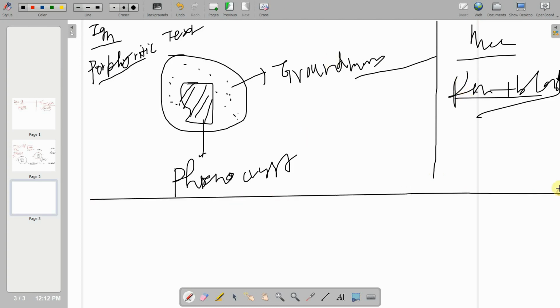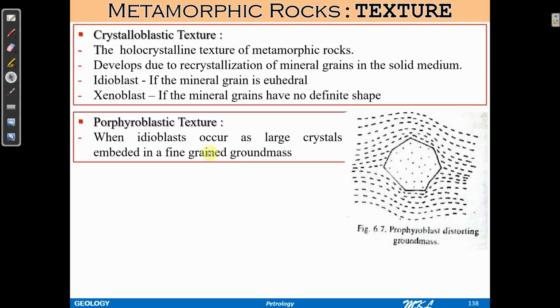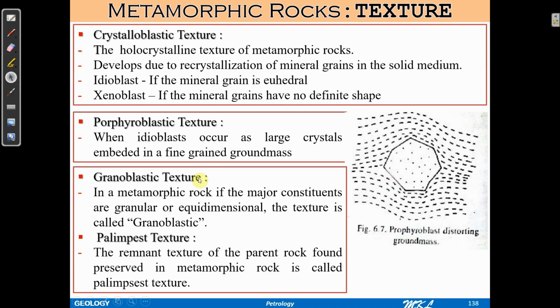Similarly, there is another kind of texture generally present in a metamorphic rock, that is granoblastic texture. If the major constituents are granular or equidimensional, the texture is called granoblastic. Palimpsest texture, the remnant texture of the parent rock preserved in the metamorphic rock, is called the palimpsest texture.